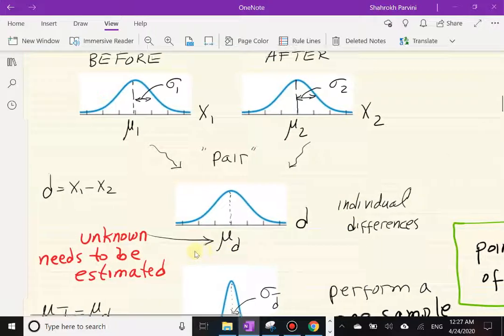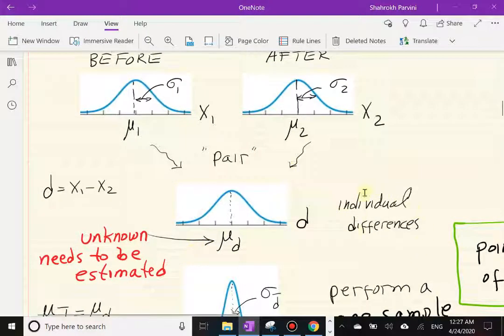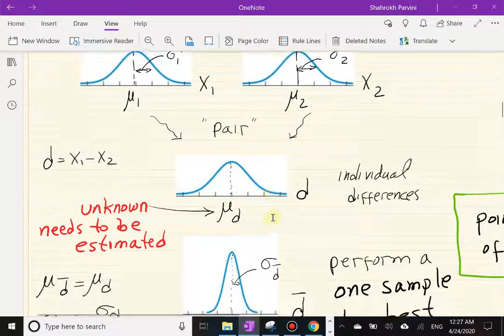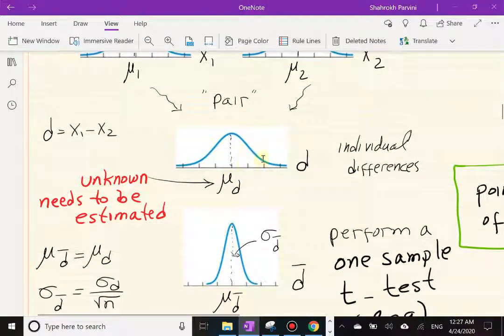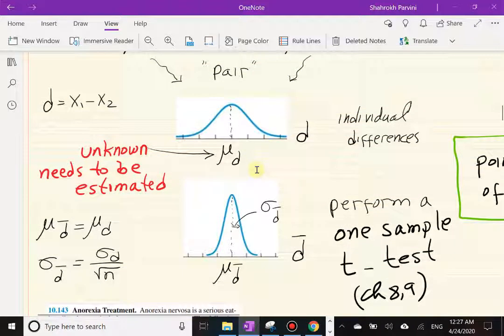Now this mu d I have here for you, these are individual differences. So I have millions and millions of individuals in here, on which we're collecting before and after scores. And then from chapter 7, remember central limit theorem, we're going to take repeated samples of size n from this population.